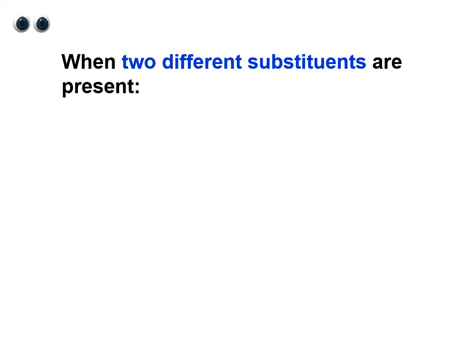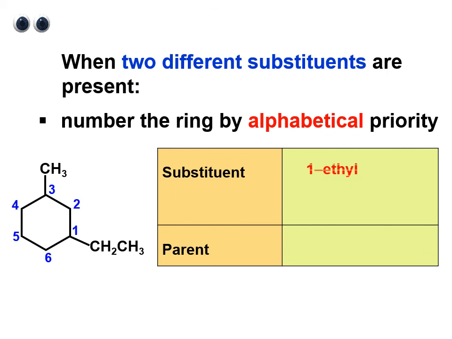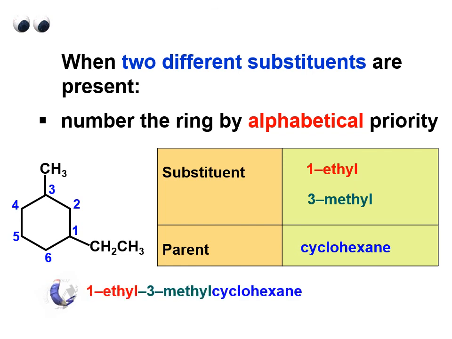When two different substituents are present, number the ring by alphabetical priority. Example: the substituent ethyl is numbered first at C1, followed by methyl at C3. The parent is cyclohexane. The ring name is 1-ethyl-3-methylcyclohexane.